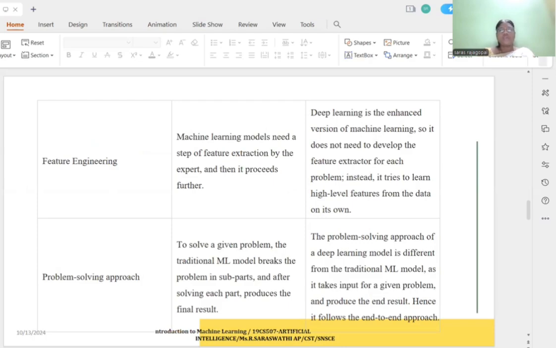Problem solving: to solve the given problem, the traditional model breaks the problem into subparts, solves each part, and produces the final result. The problem-solving approach of the deep learning method is different from the traditional method. It takes input for a given problem and produces the end result.